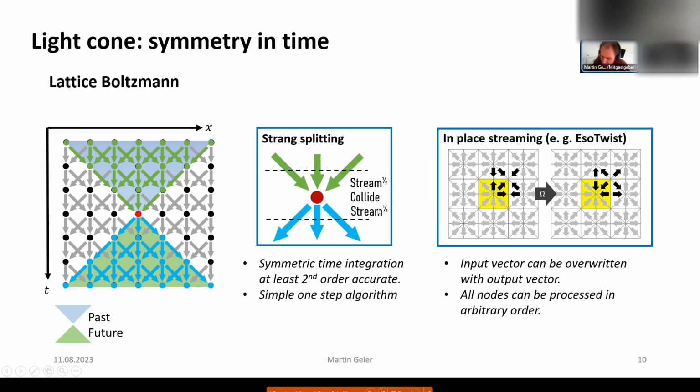And what is also due to this light cone thing is, as you see, you have the same number of inputs to a collision that you have outputs of a collision. So you always have an end-to-end update. Whereas when you do finite differences, you reuse some of your data.